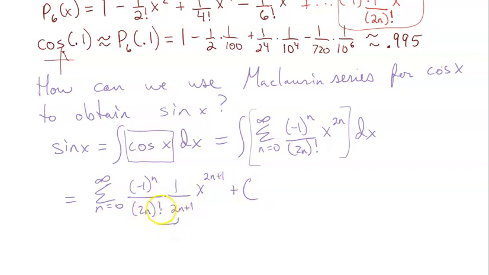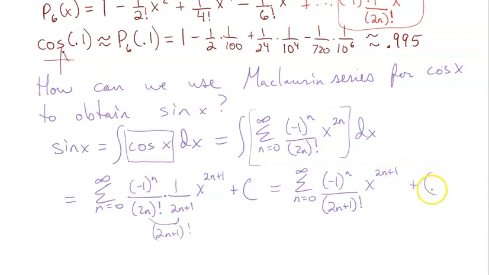If 2n factorial is 2n times 2n minus 1 times 2n minus 2 times 2n minus 3 all the way down, then I'm multiplying that by 2n plus 1. So I'm just going to write that as the quantity 2n plus 1 factorial. So I get the sum from 0 to infinity of -1 to the n divided by the quantity 2n plus 1 factorial times x to the 2n plus 1.